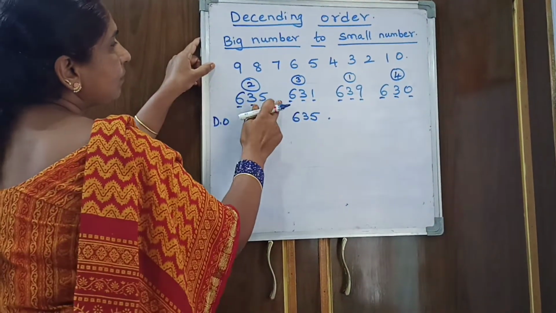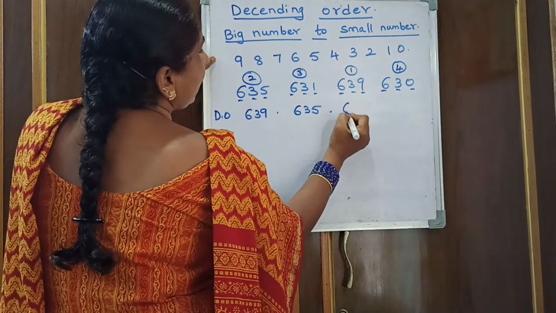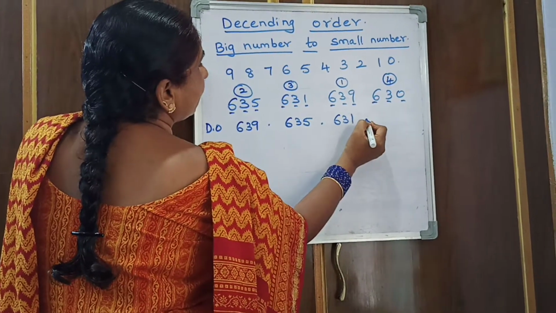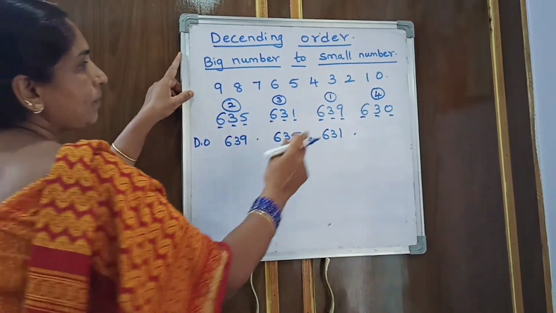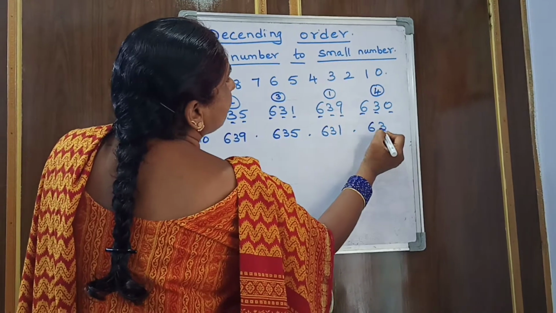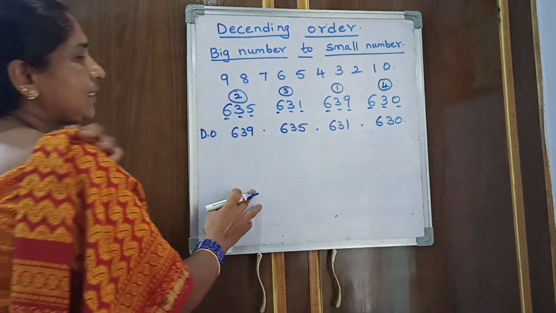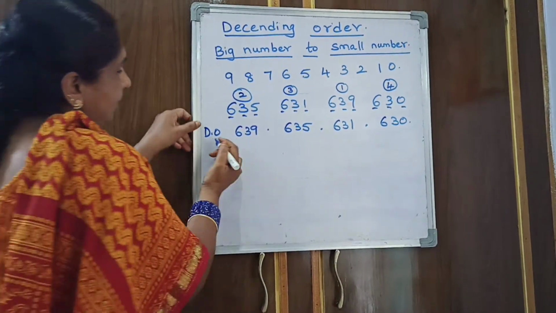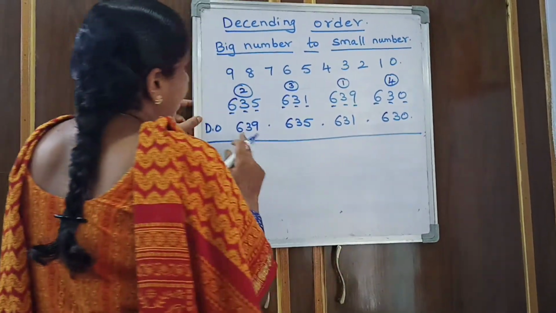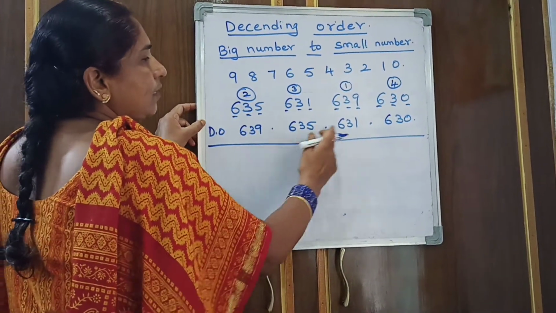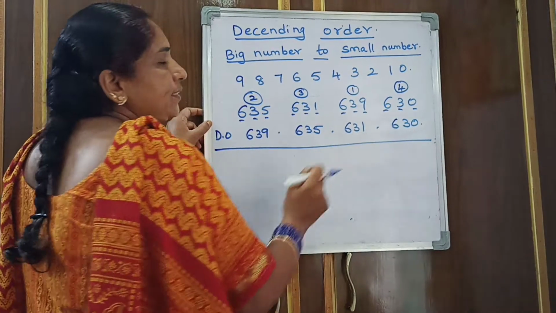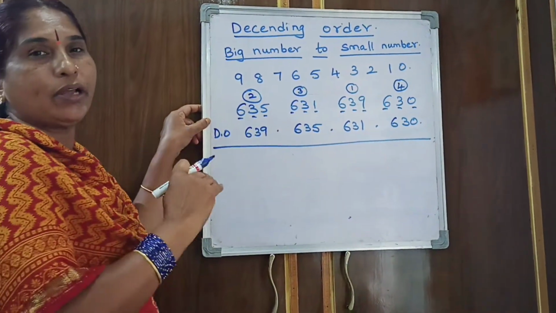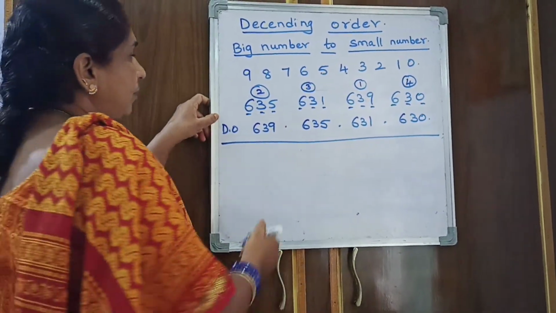And the next biggest number, third one, is 631. And the remaining last one is 630. Is it clear, children? See here. 639, 635, 631 and 630. Big number to small number.